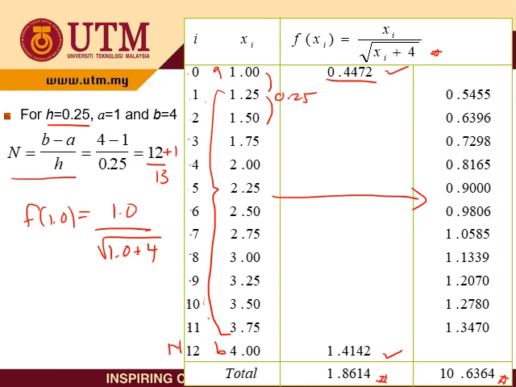Same as previously, but this time of course the h is 0.25, so we will have double the amount of n because of the smaller h, so you will have to do much more calculation here.